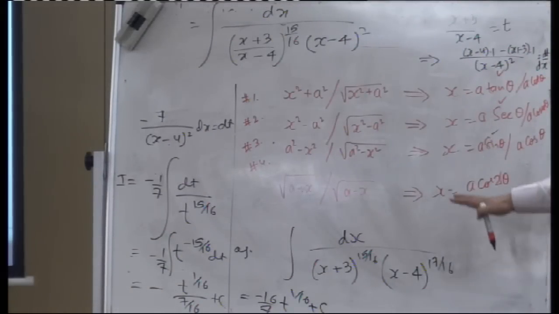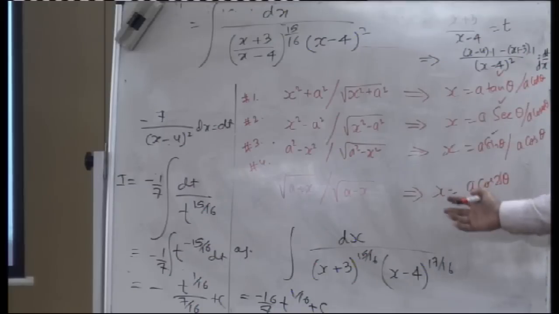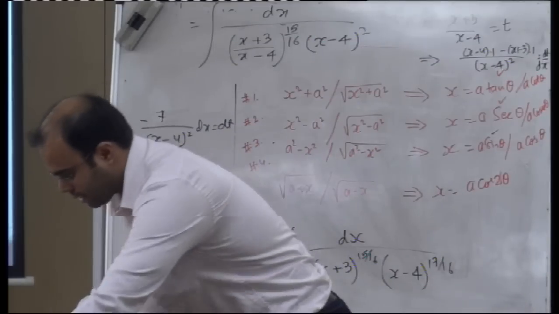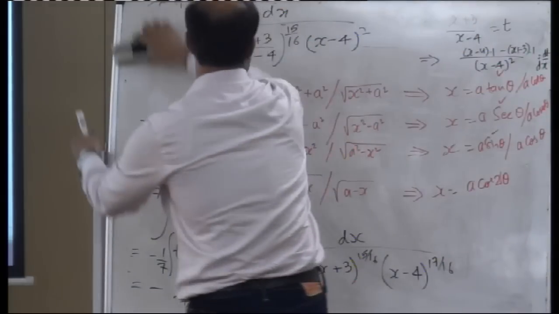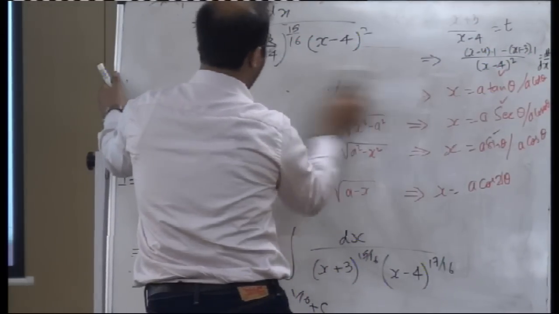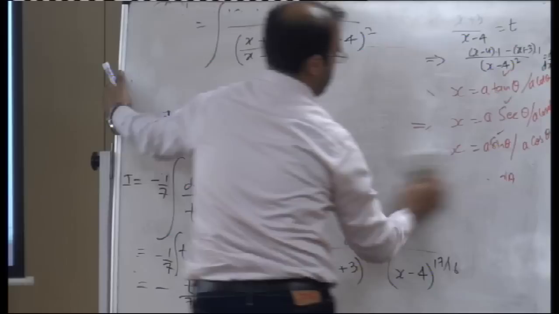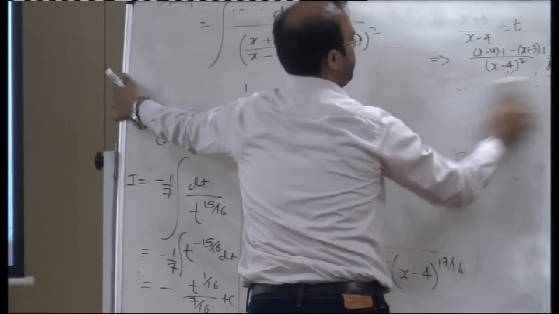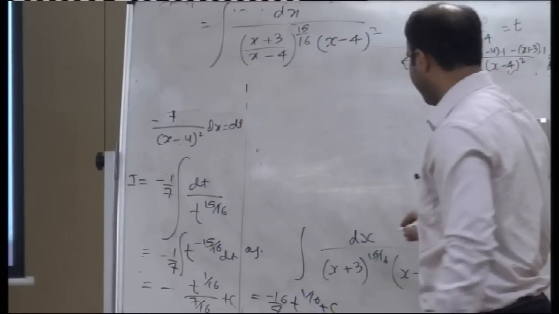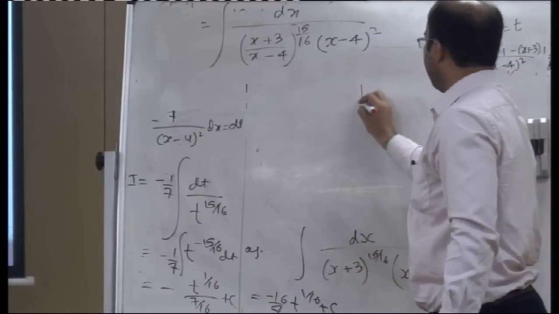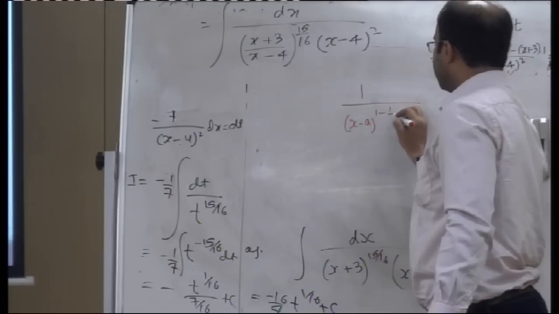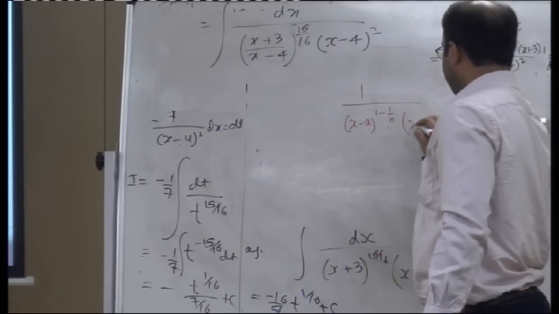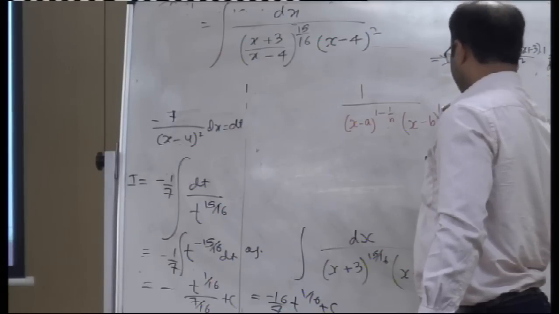And next, the statement I am concerned with in this case: what we have seen in this question is that the integrand was of the form 1 by (x minus a) to the power 1 minus 1 by n, and (x minus b) to the power 1 plus 1 by n.